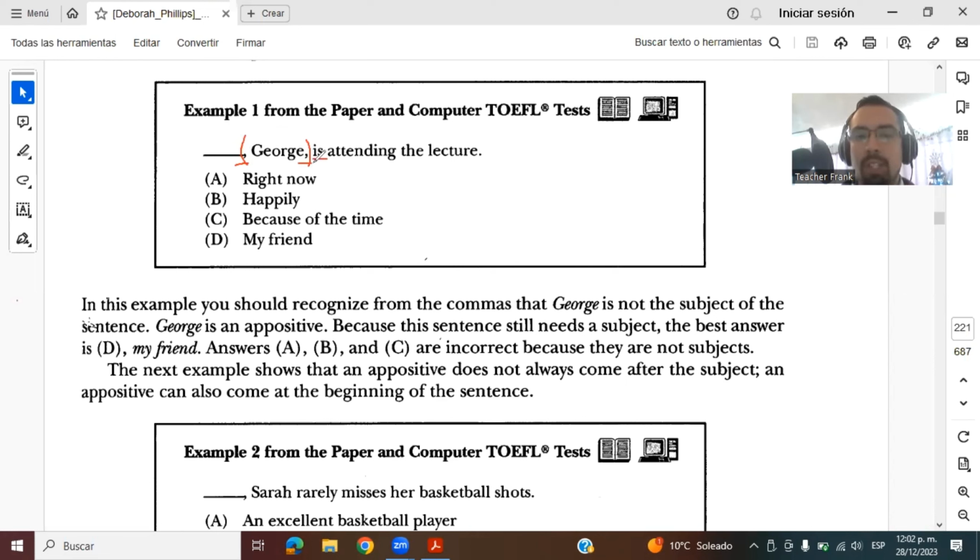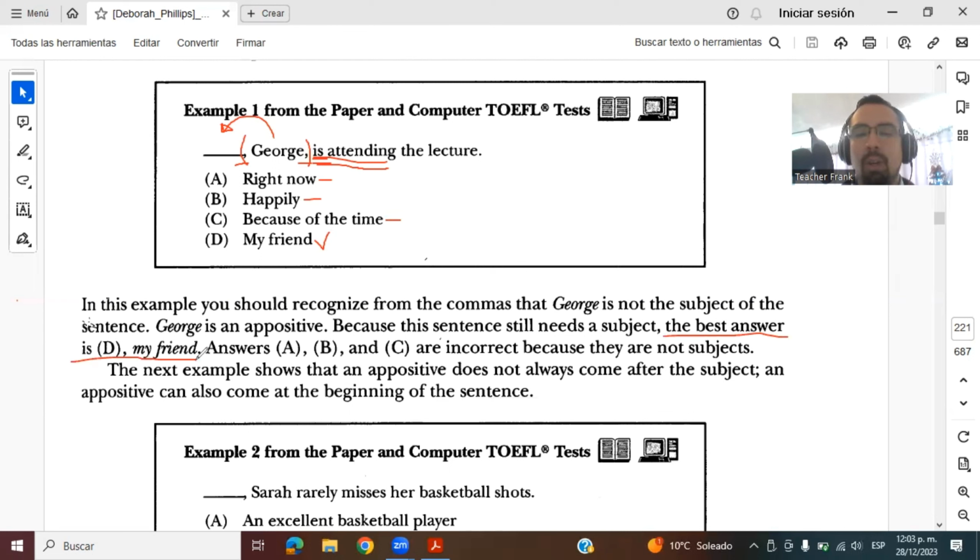We have a verb, which is attending, but we don't know who is attending because George is an appositive describing the person, right? So we need a subject. In this case, right now is not a subject. Happily is not a subject. Because of the time is not a subject. Only my friend is a subject, which is actually the best answer or the correct answer, right?